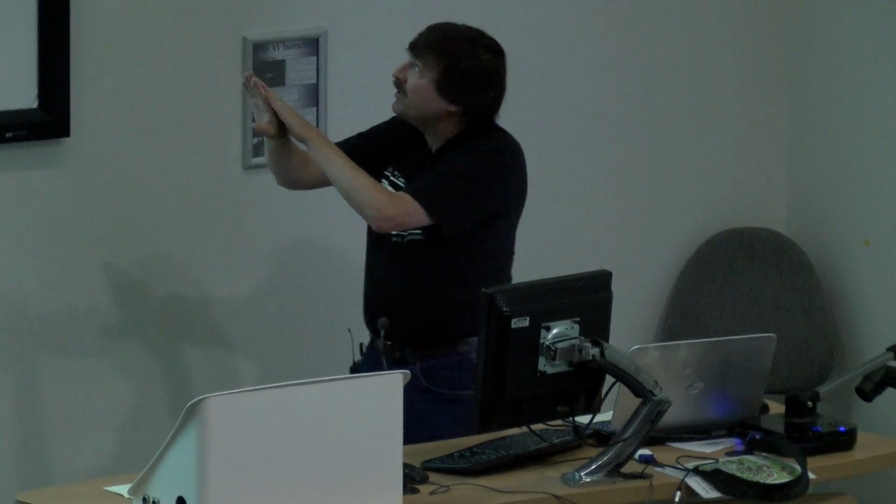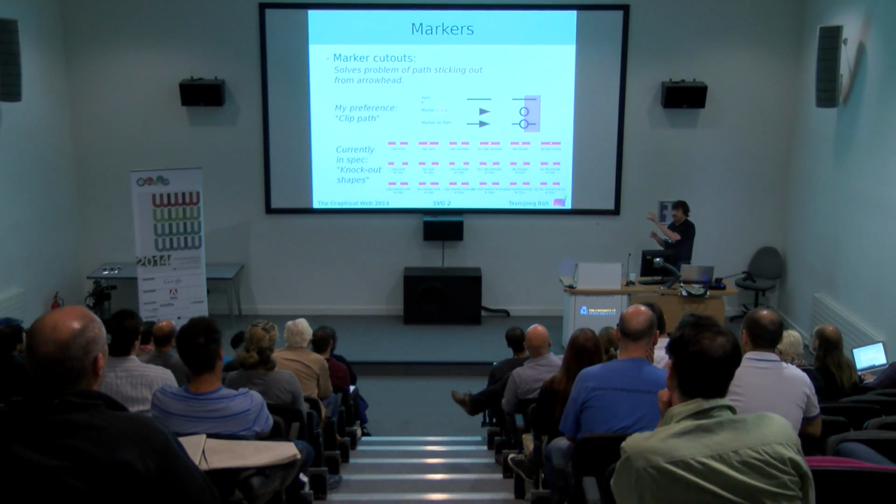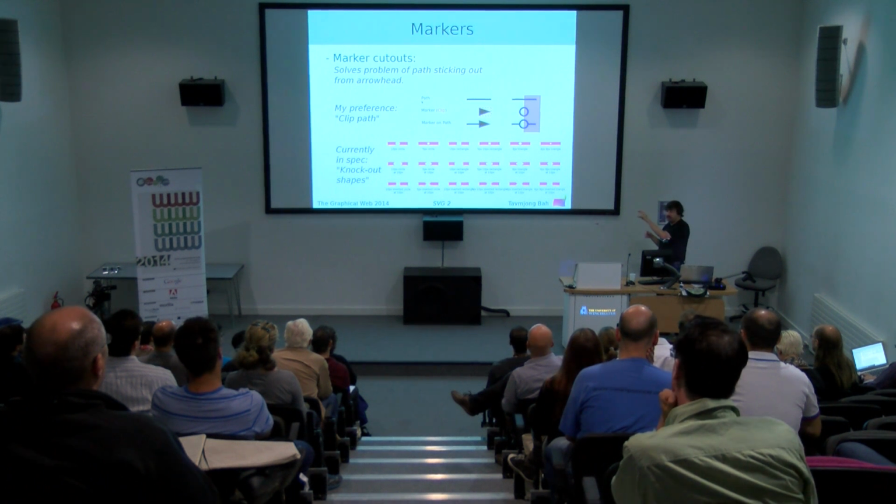You want that arrowhead to end up at point A and point B. And currently in SVG, if you try doing that, the line will stick out a little bit on the point. So by using a cutout, the marker says, I don't want the line to be shown in this area.